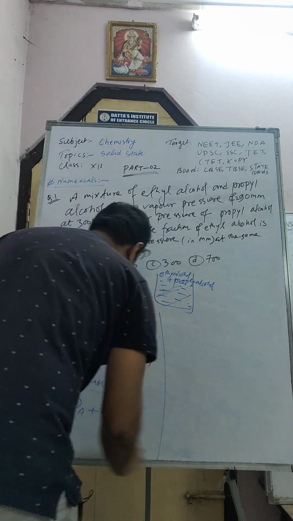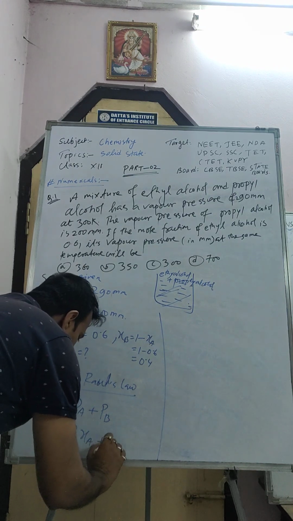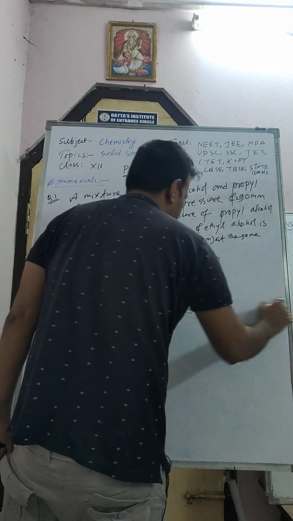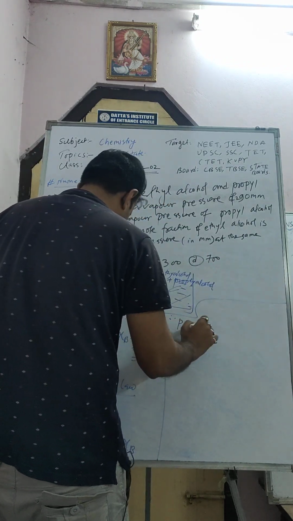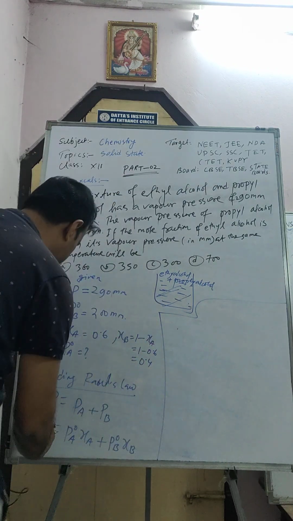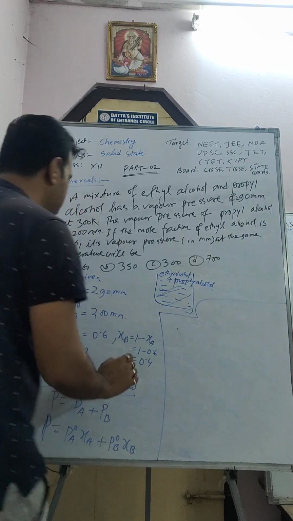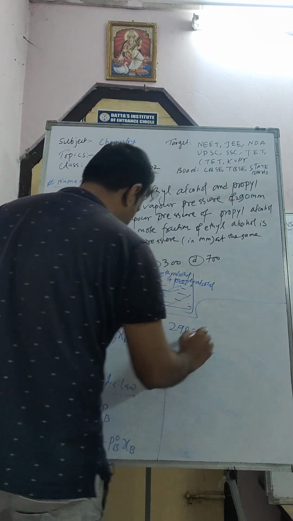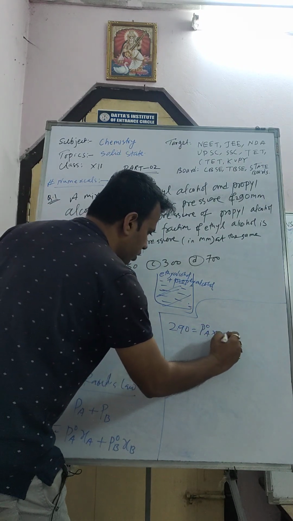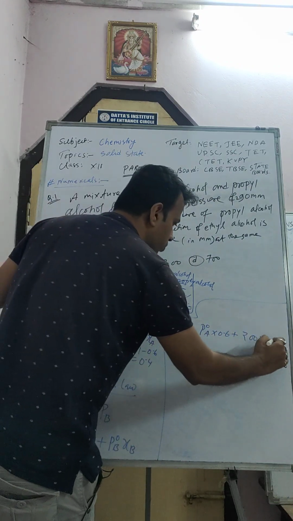Now PA equal to P0A XA, and PB will be P0B XB, right? Okay, fine. Now the value of P is what? This is the formula. The value of P is 290. So 290 is equal to P0A, which we have to find out, times XA 0.6, plus P0B 200 into 0.4.